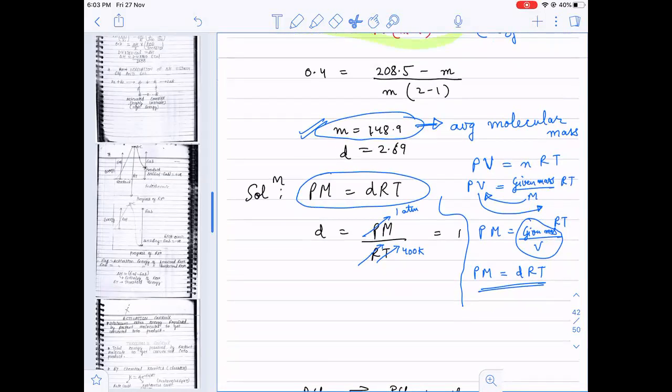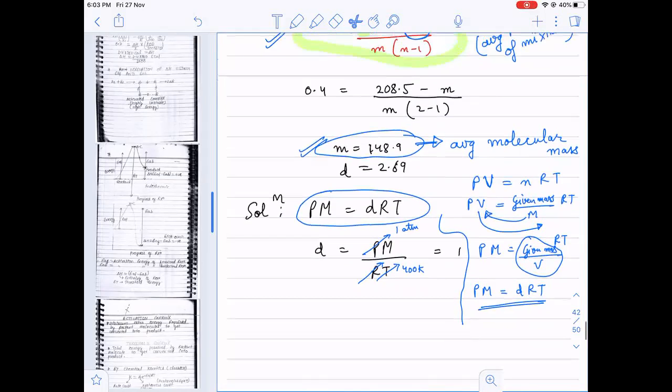Should I calculate it for you? Are you getting 2.69? Has anybody not got the answer till now?